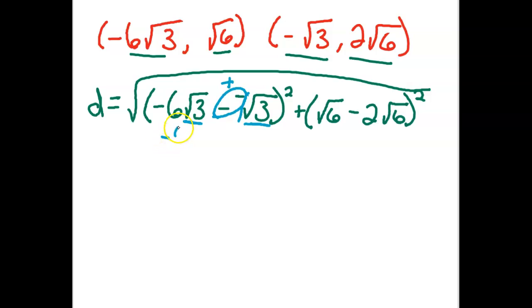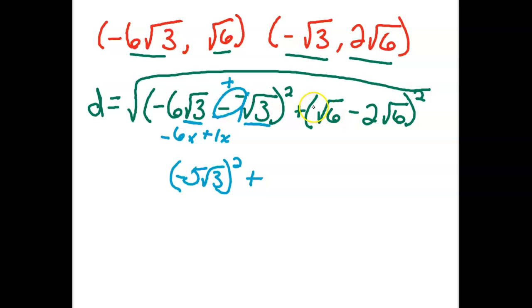So think of this as being negative 6x plus a 1x, and we combine those coefficients. So negative 6 plus a 1 is going to give me a negative 5 square root of 3. This quantity is going to get squared.